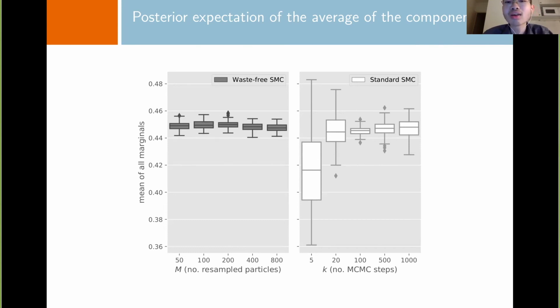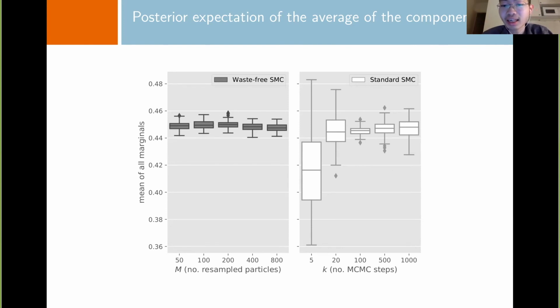On the right-hand side, you have the standard SMC estimates. And as you can see, it really depends on the number of MCMC steps k that you take. If you take too few MCMC steps, k equal to 5, for example, you can see some estimators with very large variances.